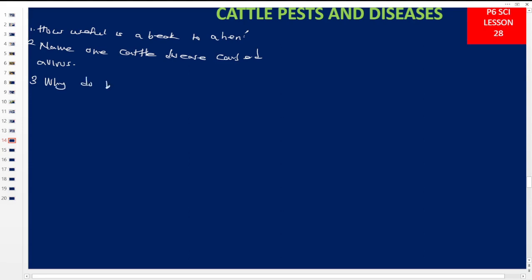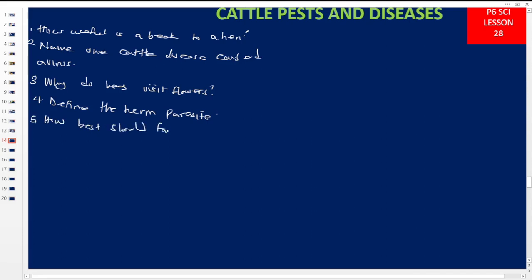Why do bees visit flowers? Number 4. Define the term parasite. Number 5. How best should farmers control ectoparasites on their farms?